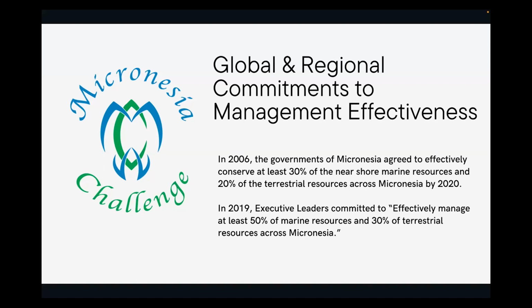So they're still maintaining that it's 30% in protected areas, but the additional 20% will be more focused on fisheries management and other measures. But it is about effectively managing that 30% of protected areas. And the MC has helped leverage funding into the region. So this is another important commitment that's happened regionally.